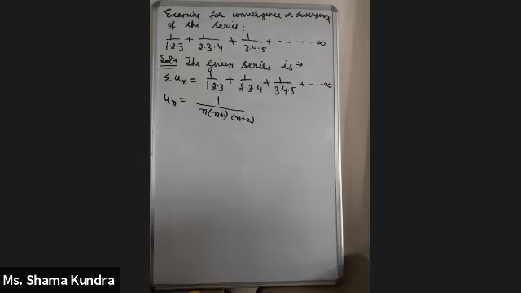The AP series nth term formula is a plus n minus 1 into d, where a is the first term and d is the common difference. Here clearly the difference between the terms of U1, U2, U3 and so on is 1.